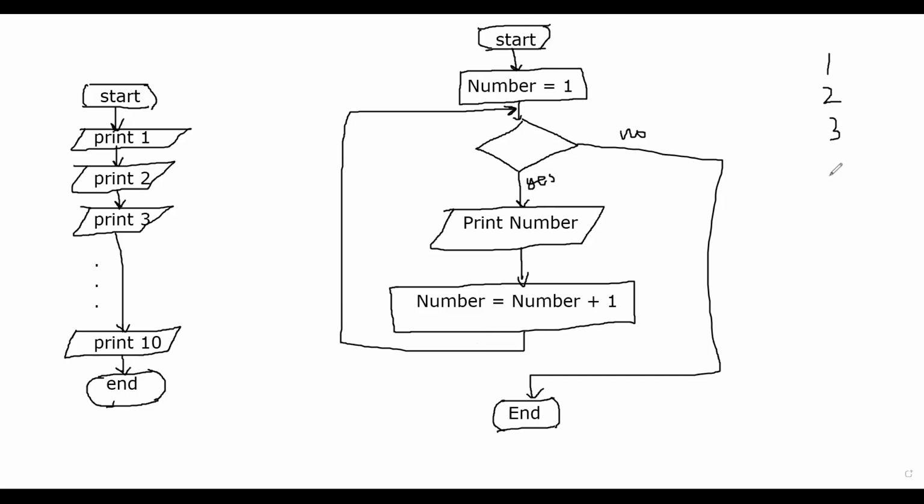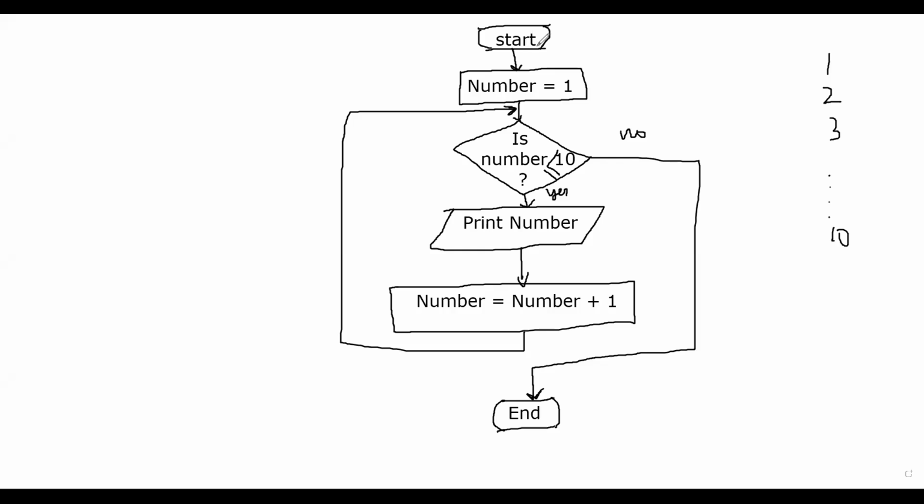It will go on. What will happen? Will it stop by 10? So what will happen? You start with start, number is 1. You print the number, you increase the number by 1. So this will repeat as 1, 2, 3, and so on. To stop by 10, we have to put a condition.